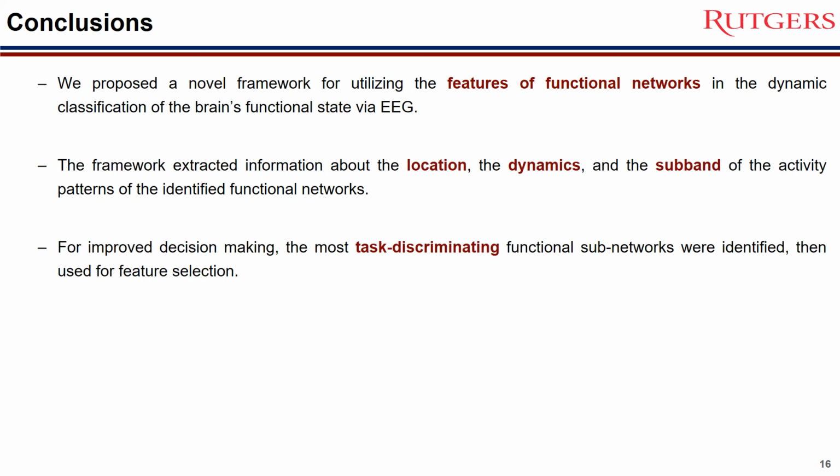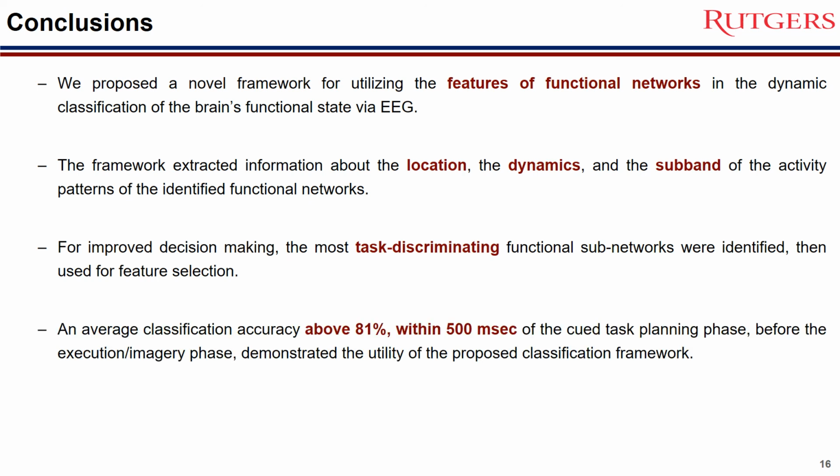For improved decision-making, the most task-discriminating functional subnetworks were identified, then used for feature selection. An average classification accuracy above 81% within 500 milliseconds of the cued task planning phase before the execution imagery phase demonstrated the utility of the proposed classification framework.